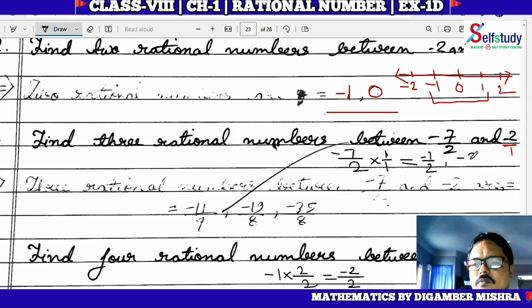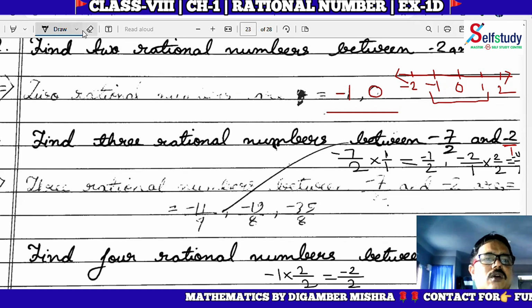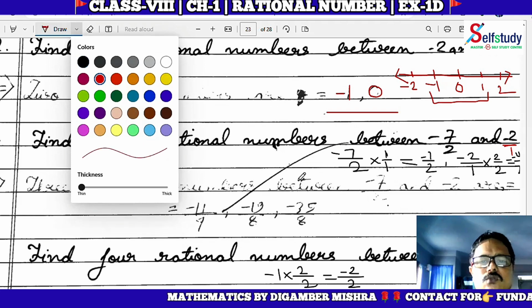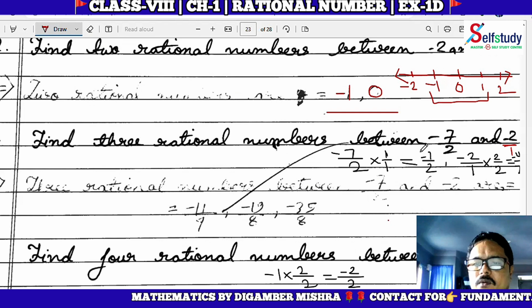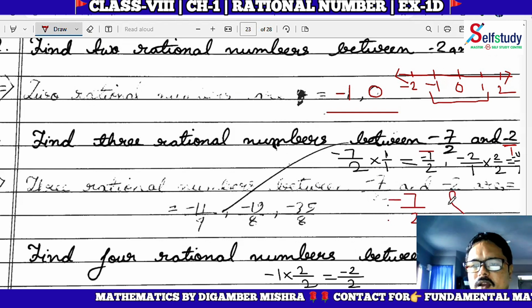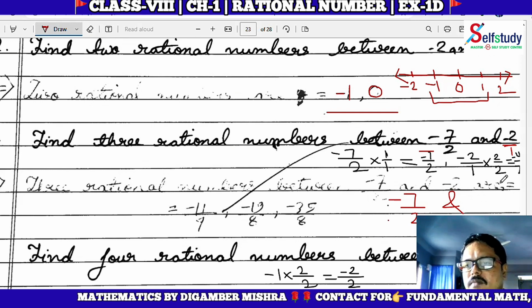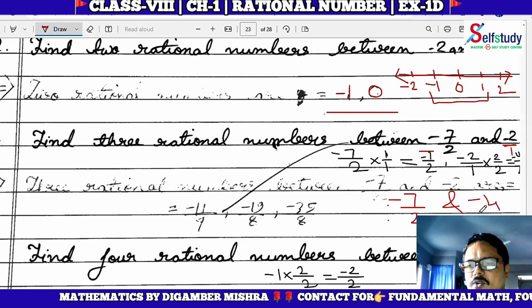But to make the denominator equal to 2, we need to multiply minus 2 by 2 and this is coming minus 4 by 2. Okay, so this is minus 4 by 2. So now we have got two numbers which are having the same denominator. One is minus 7 upon 2 and another is minus 4 upon 2.